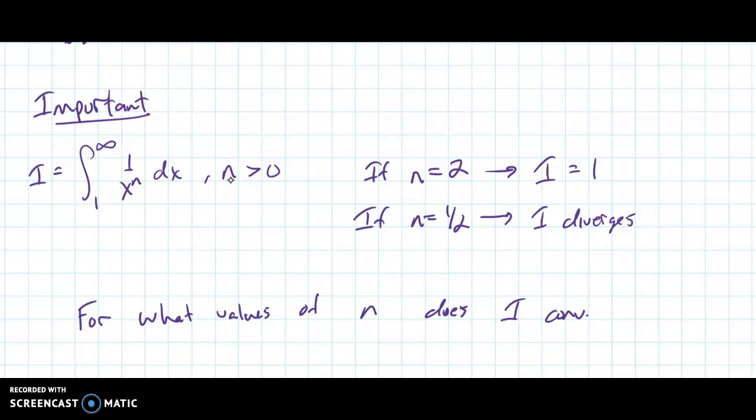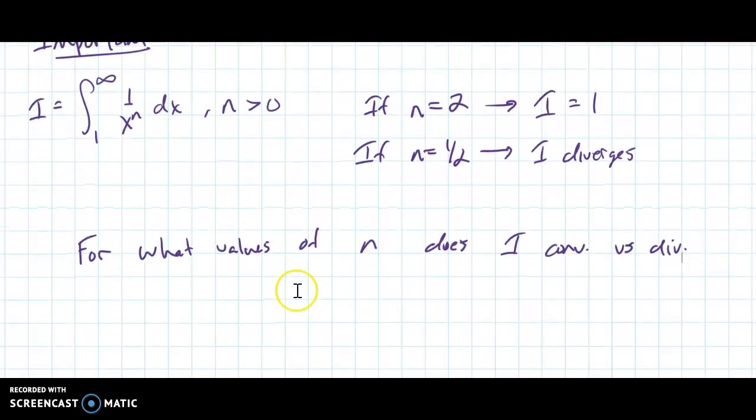It could go to 1, it could go to 20, it could go to 30, 300, it could go to a million, but still converging. For what values of n does I converge versus diverge? And that becomes super important as we move along.